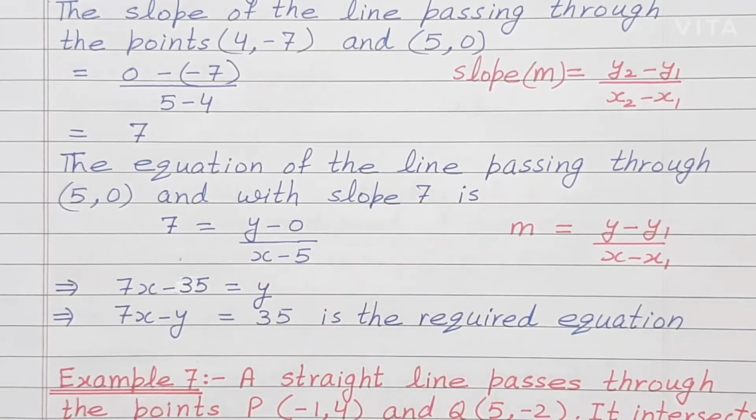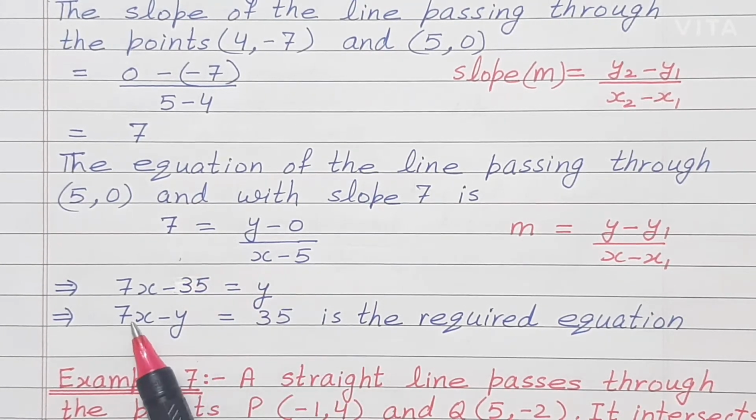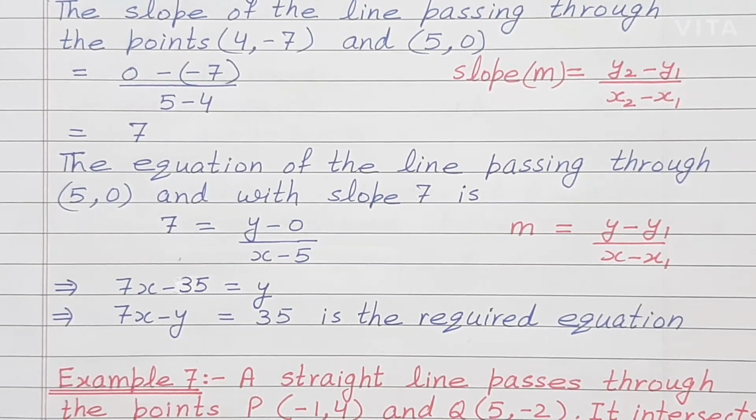Or we can apply the two-point form formula directly also. Clear? So after solving this, the equation is 7x - y = 35, or you can say 7x - y - 35 = 0, which is the required equation. I hope it is clear to you.